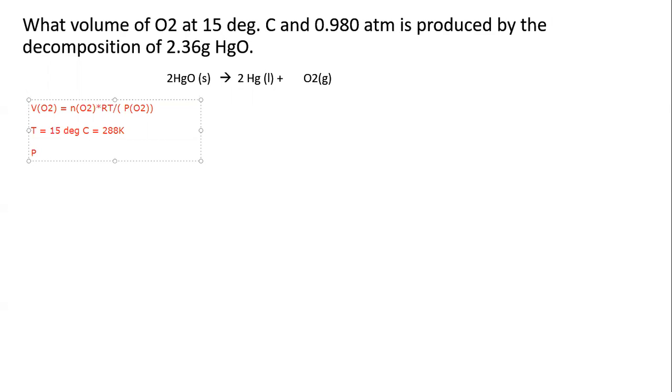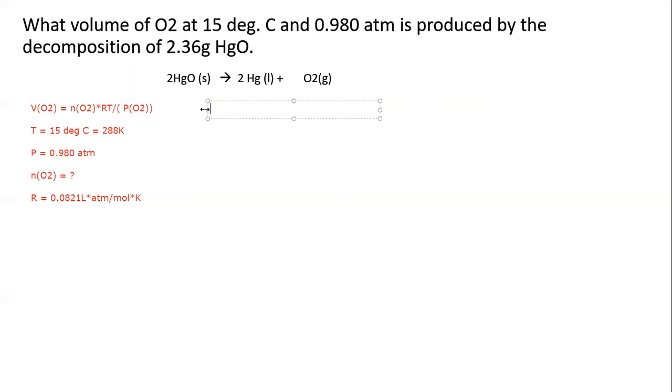The pressure we know it's in atmosphere, so we don't have to convert it, 0.980 atm. And we need to know the moles of O2, and we know what R is. So somehow we have to use the other information to determine what the moles of O2 are.